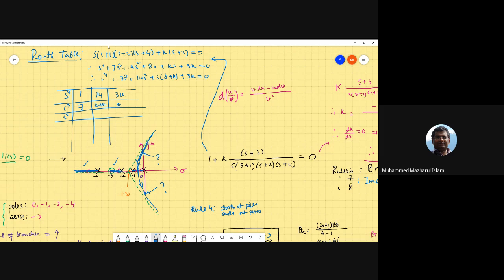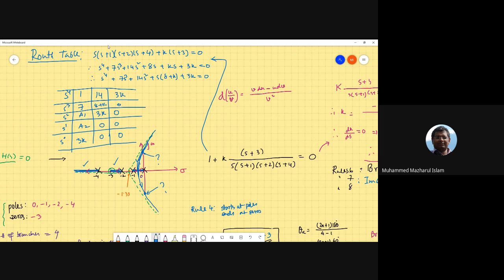Using these values we can calculate a1, and then s to the power 1 will be a2 and 0. Finally, s to the power 0 will be 3k, 0, 0.